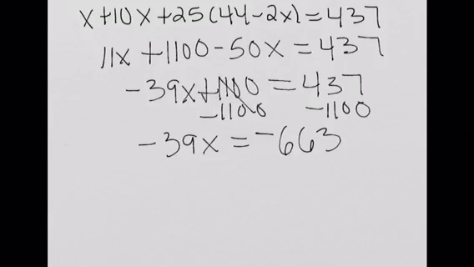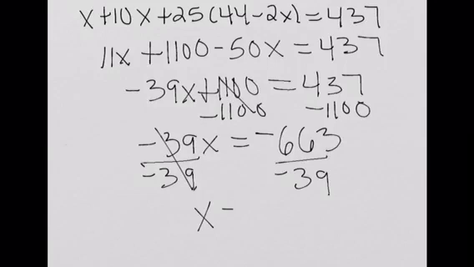Now we're ready to divide both sides by negative 39. That cancels, leaving me with just x. And over here, negative 663 divided by negative 39 gives me a positive 17. So we got x equals 17.